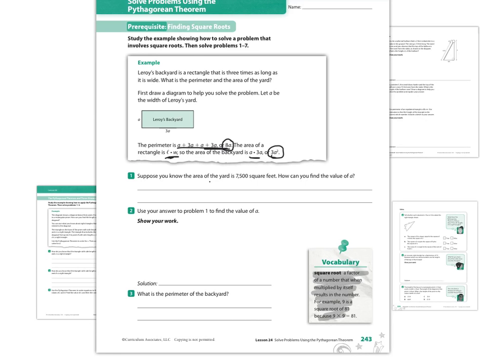How can you find the value of A? If we take a look, the area is equal to 3 times A to the second power.